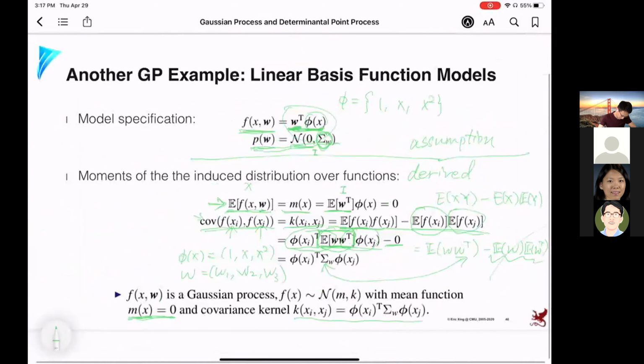So the covariance is this matrix, and the value depends on the values of the basis functions at those particular points. If those values are high, the overall covariance is high, as long as those are reasonably aligned with the W covariance matrix.